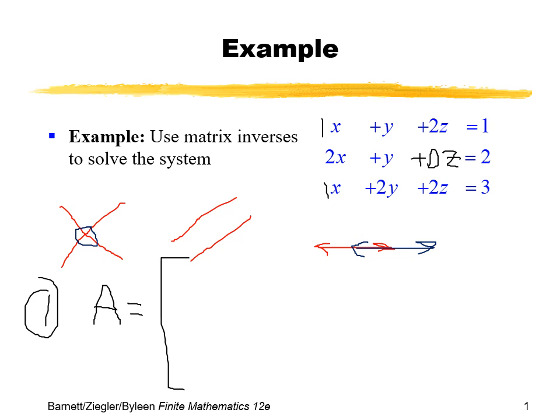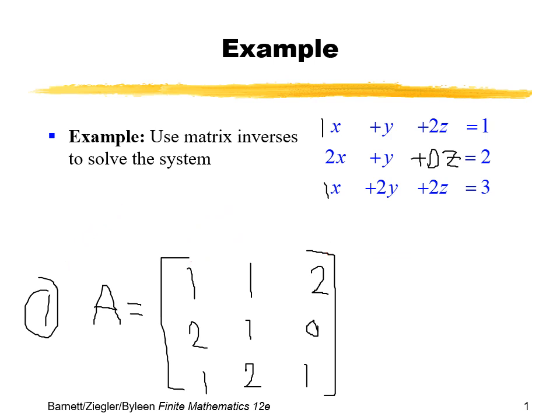The coefficients of z are 2, 0, 2. This is the first matrix, called the matrix of coefficients or coefficient matrix.